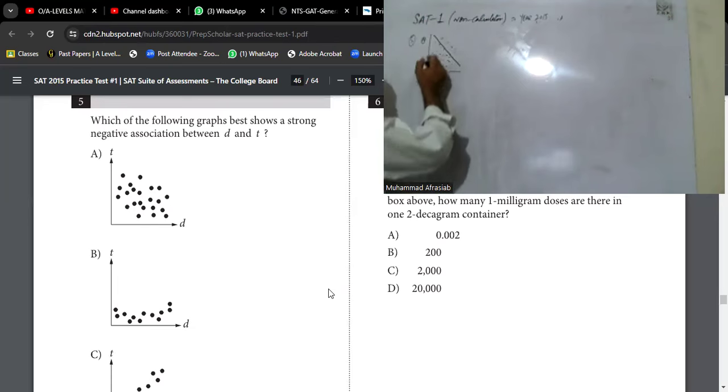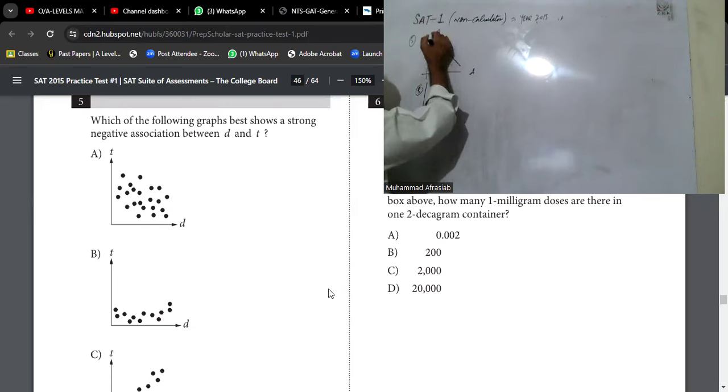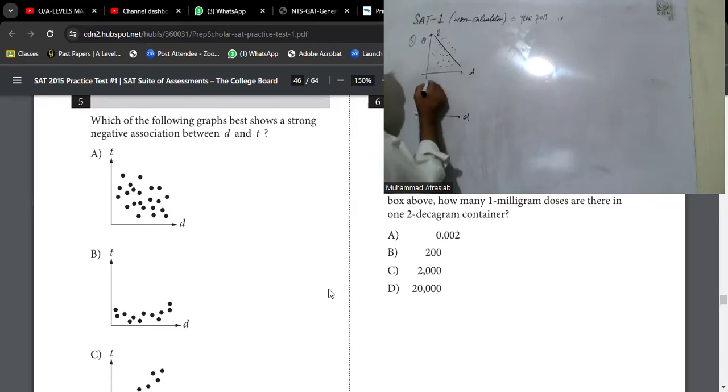Then B is the graph between L and D again, and if we show the best fit line, negative, it is like this.